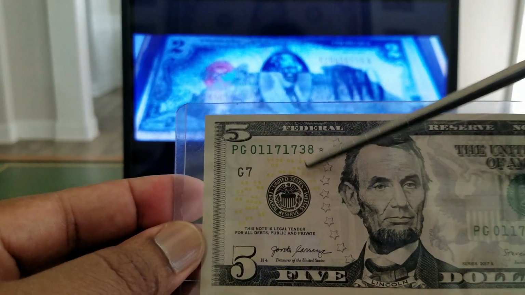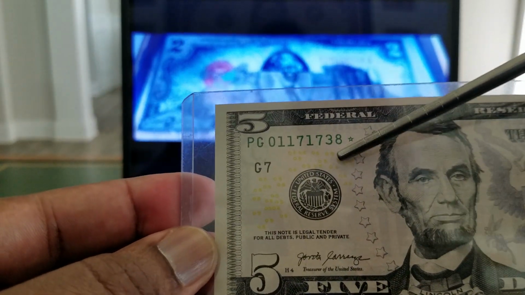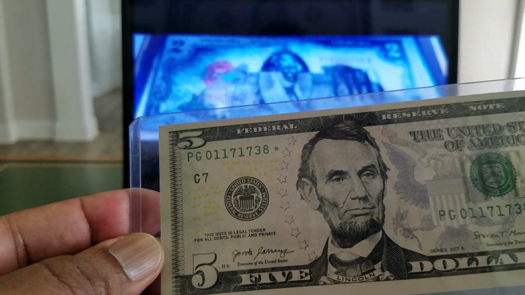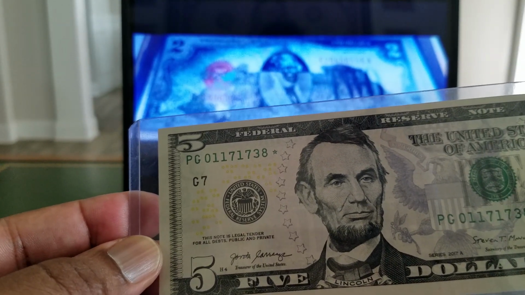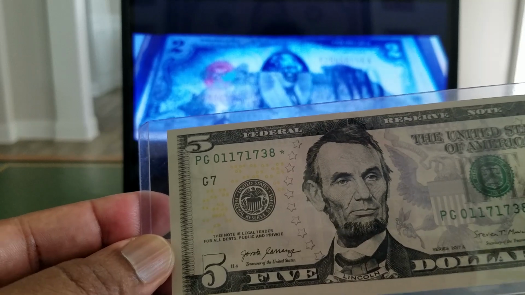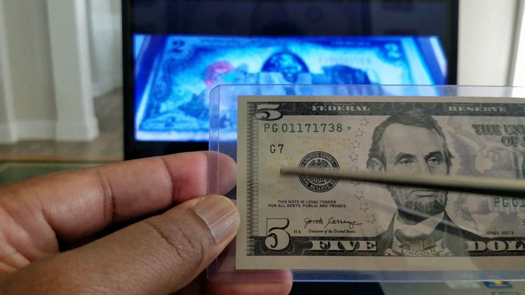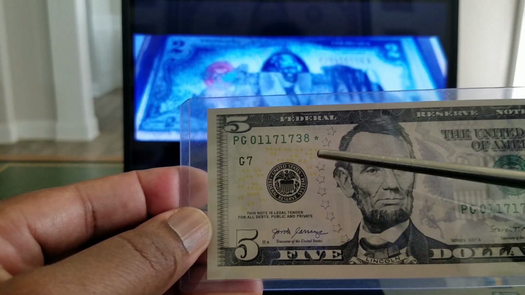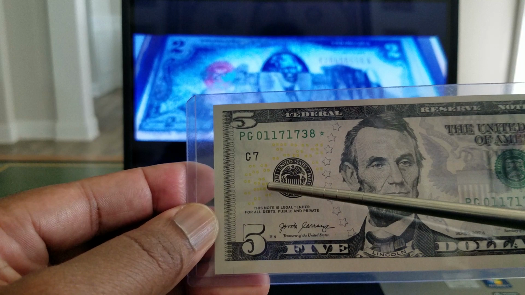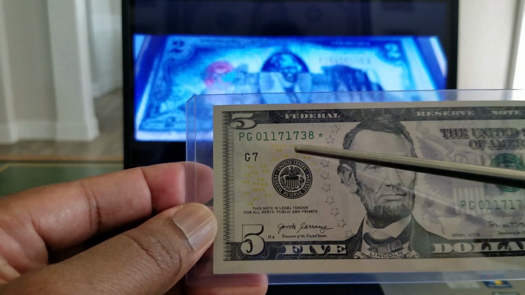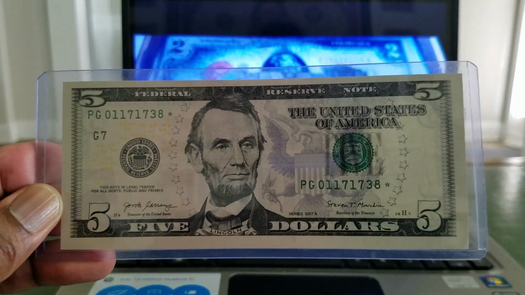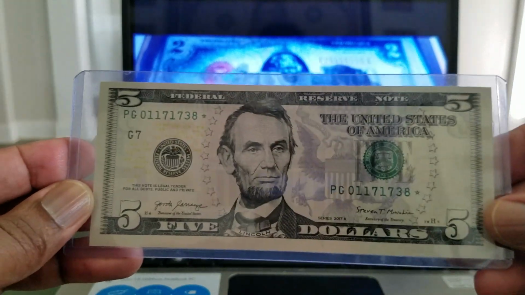And these little yellow 05 configurations are known as anti-photocopy deterrents. So because of these circles right here, if you try to copy this note, the copying machine will not do it, because the pattern of these circles will not allow this note to be copied. That is crazy, but that's what we got.